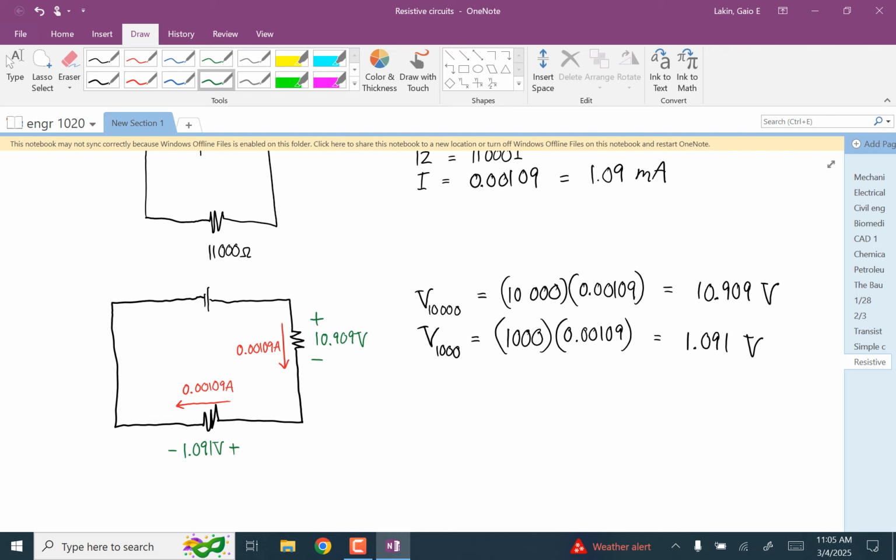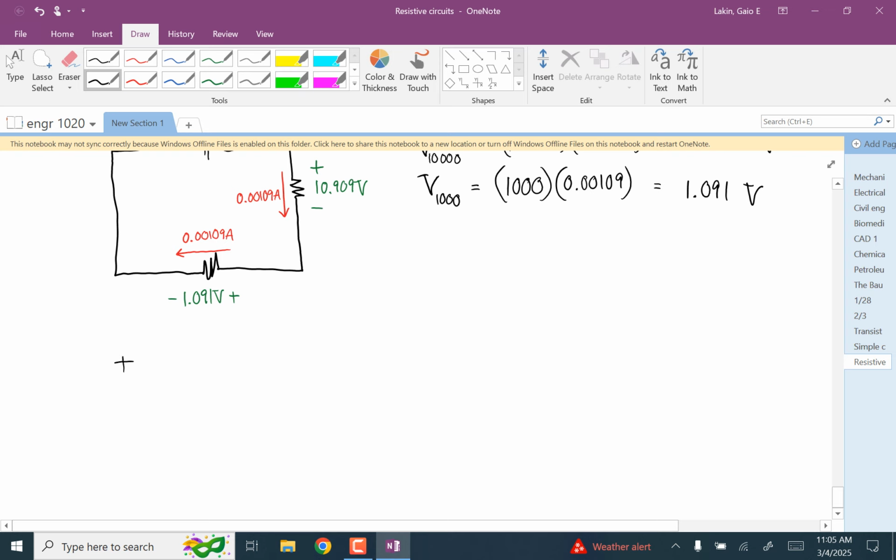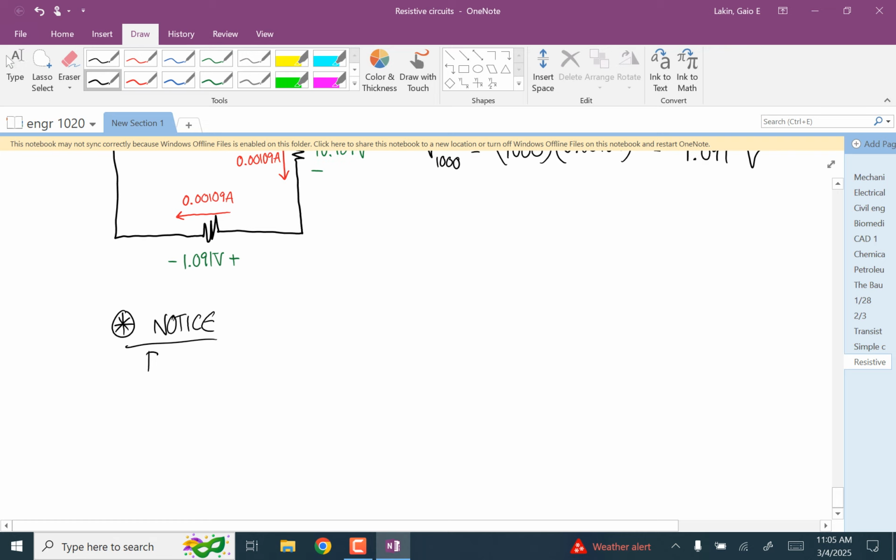All right, let me tell you something about this to keep in mind. So notice, resistors in series divide voltage.